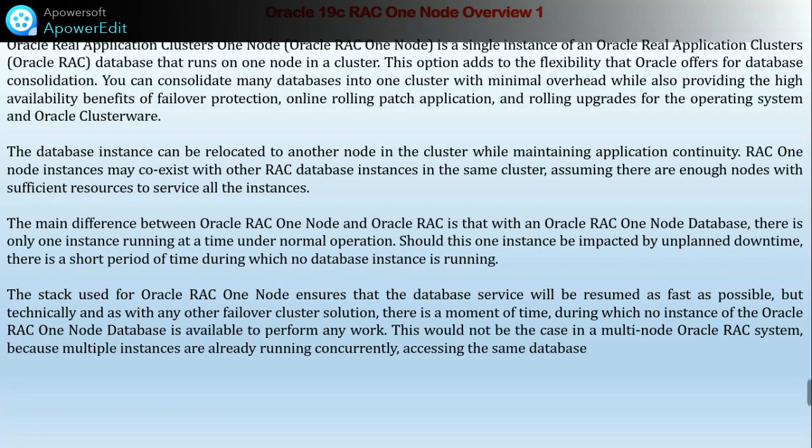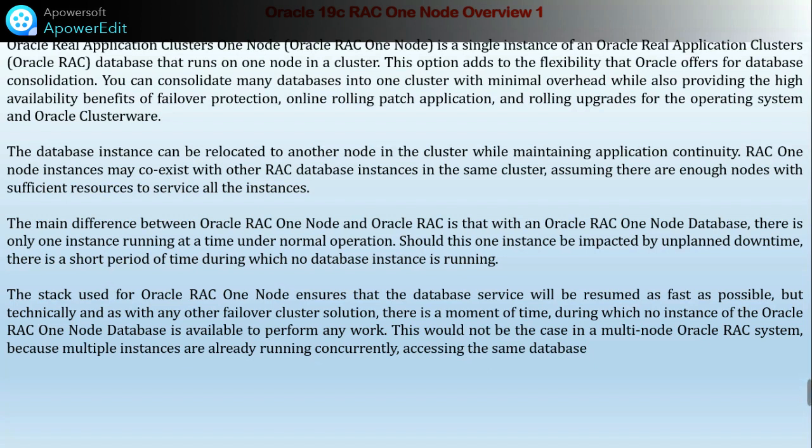Next slide. Okay, Oracle 19c RAC One Node overview 1 on Oracle Real Application Cluster. Oracle RAC One Node is a single instance of an Oracle Real Application Clusters database that runs on one node in a cluster. This adds the flexibility that Oracle offers for database consolidation.